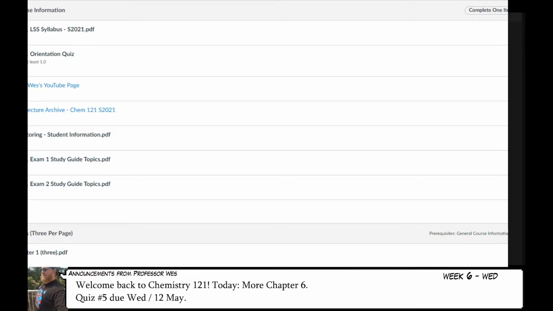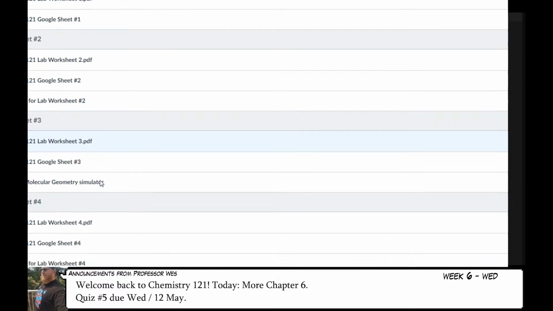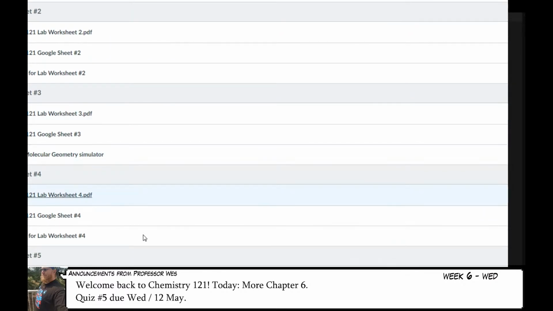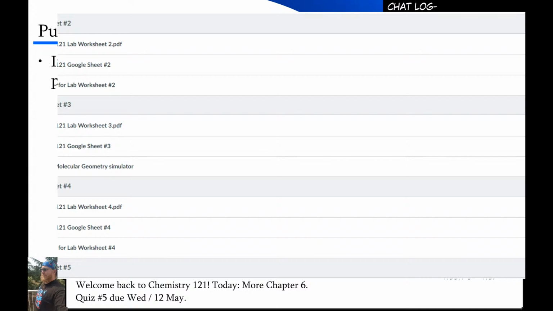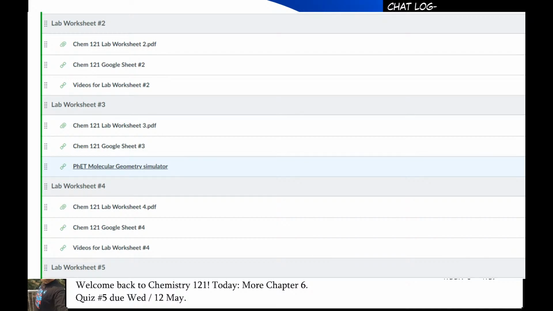That link is in the page right here, which you can't see because I have cropped it poorly. There we go. So right here, lab worksheet number 3, PHET molecular geometry simulator. So you can play around with that too.